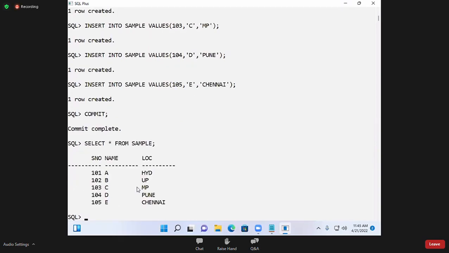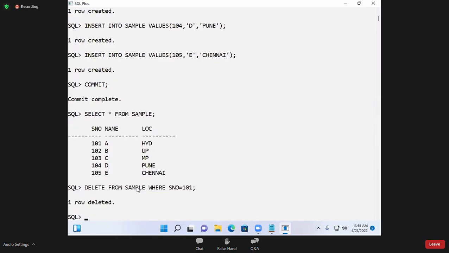Now out of these 5 rows, I'm going to write: delete from sample where serial number is equal to 101. Okay, 101 is deleted.